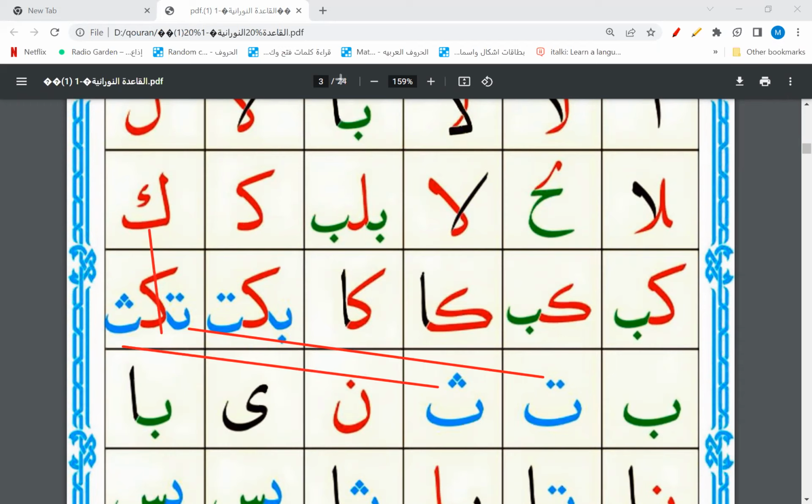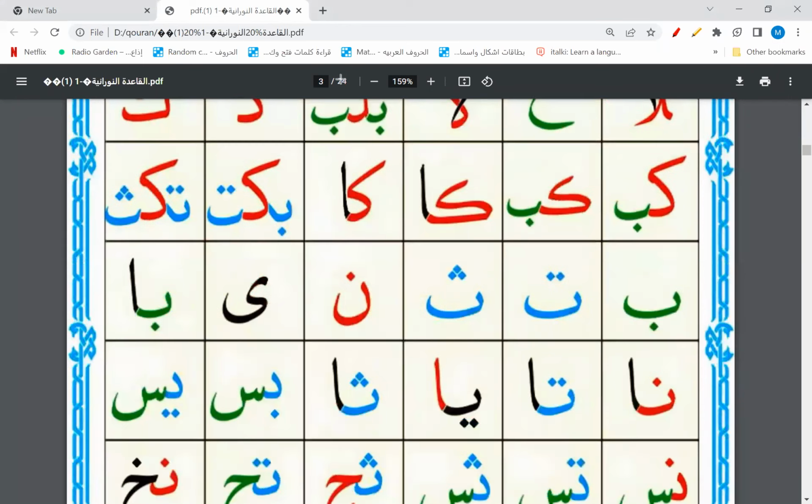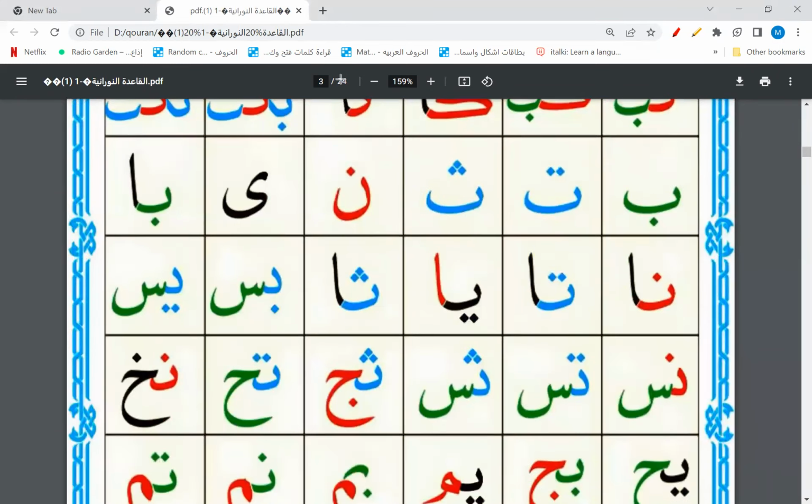Okay? Now, in this part, I want you to say the letter. I will say the letter, and you tell me how many dots are in the letter and where they are, up or down. Okay?